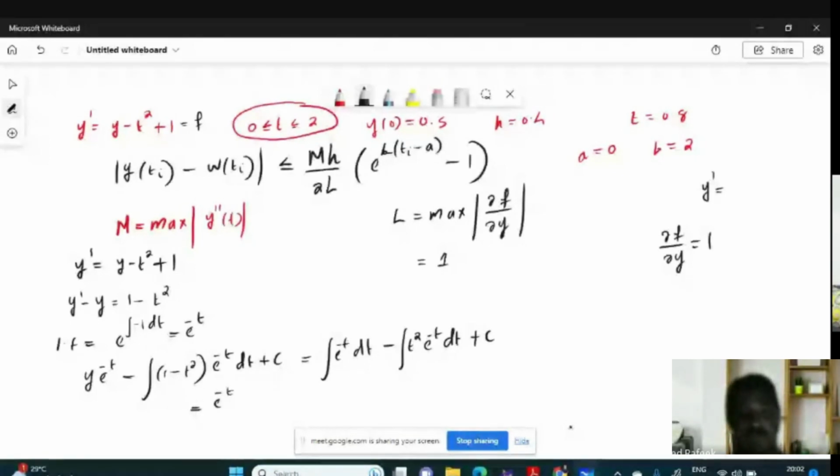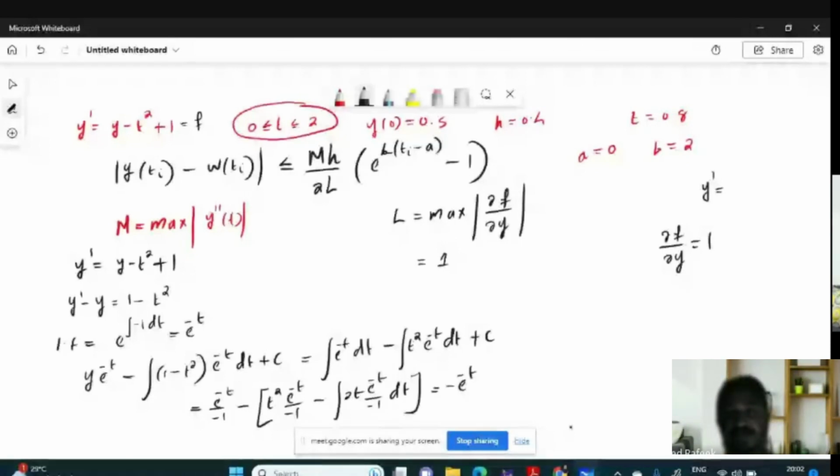Minus, by integration by parts, t square into e raised to minus t by minus 1, minus 2t into e raised to minus t by minus 1 dt, that equals minus e raised to minus t plus t square e raised to minus t plus 2.